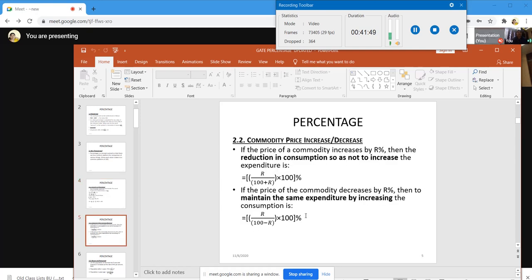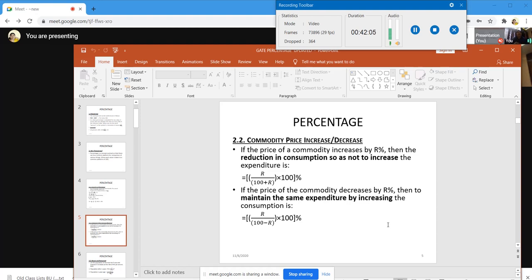Okay, likewise. Now we can come to some important formulas. If they are asking about commodity price increases and decreases, what will be the formula we are going to use? I can show you that.